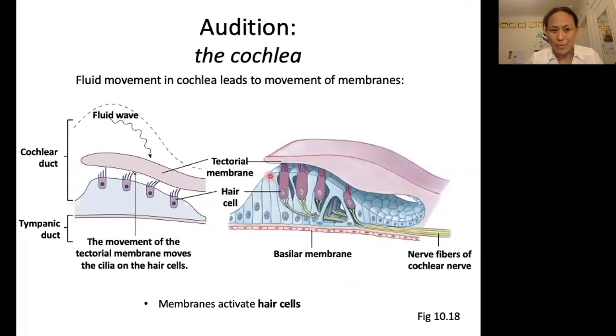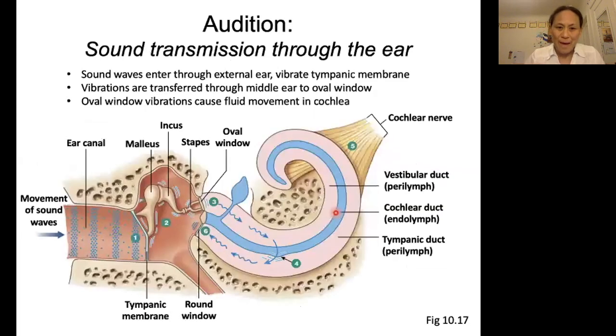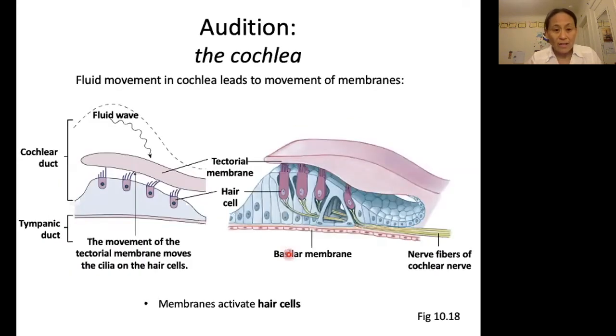This is extreme cartoon form, and this is a less cartoony form, showing you the same thing: we have these membranes here with the hair cells embedded in the basilar membrane, this membrane down here. Remember that we had all these vibrations traveling through the ear. That's going to cause vibration of the fluid in the cochlear duct.